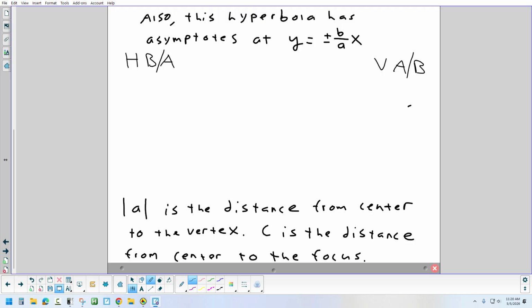And then B, well, B doesn't really have a visual that I can describe to you on the sketch. Not like yesterday. Yesterday, that was easy. Center to vertex was A. Center to focus was C. Center to minor axis up there was B. Those were our three letters. But today, we're just looking at the A and the C in the picture.